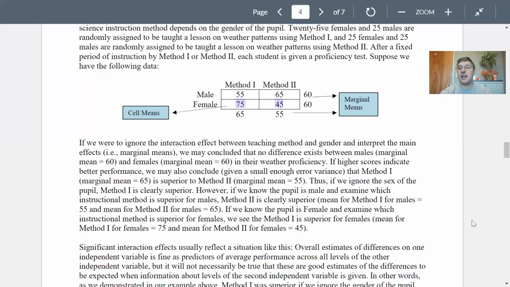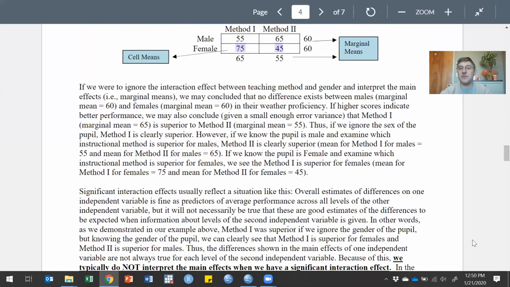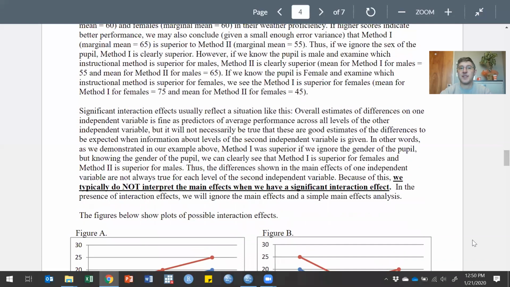So a significant interaction effect usually reflects a situation like this. Overall estimates may be fine for the average performance, but won't necessarily be true for information within each level of the independent variable.